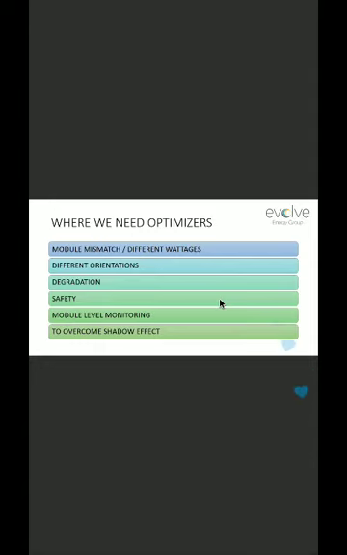Where do we need an optimizer? Where you have a module mismatch. Someone may have installed 10 modules of 100 watts in a site with 1 kilowatt. Then the customer thinks, I am going to extend my plant with another 2 kilowatt or 3 kilowatt, but you are not going to get 100 watt panels nowadays. And even if you do get 100 watt panels, you are not suggesting them. Why? Because the area of the module is very big, the area of the plant is very big.